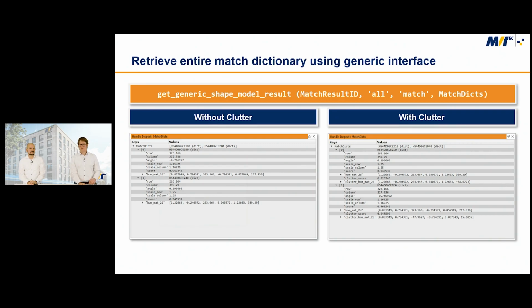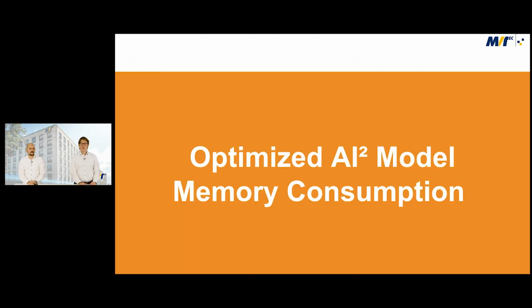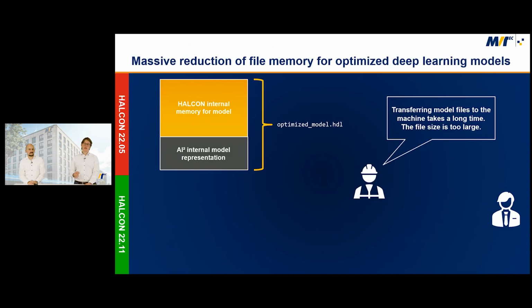Then we leave generic shape matching and move back to AI² accelerated deep learning applications. We received feedback from our customers and our distributors that the memory consumption and file size of our AI² accelerated models were a little bit too much, or on the heavier side, which resulted in problems.